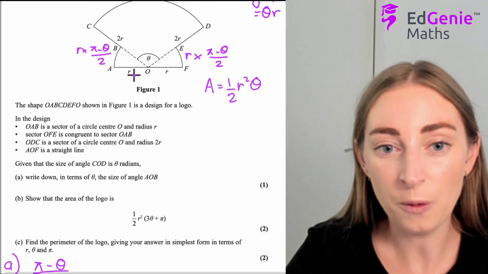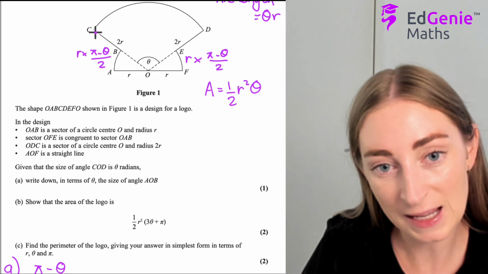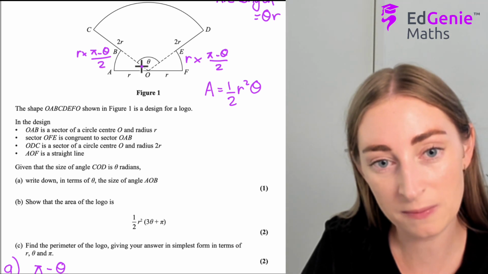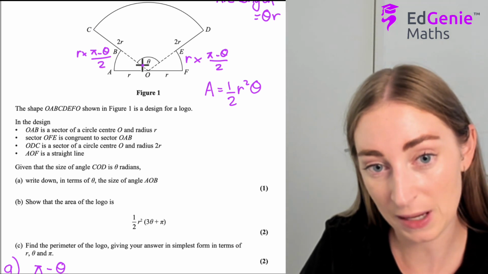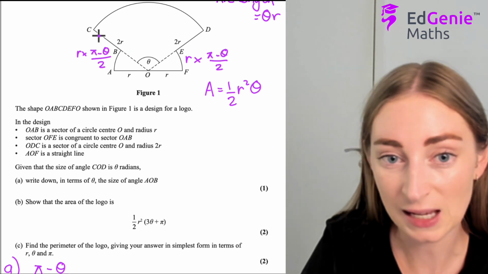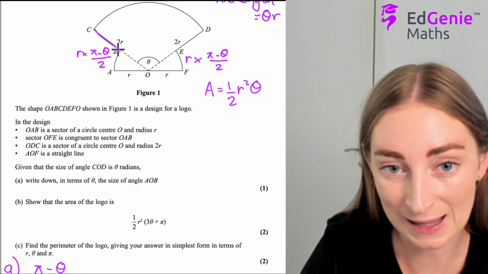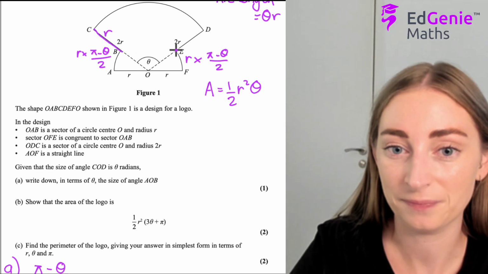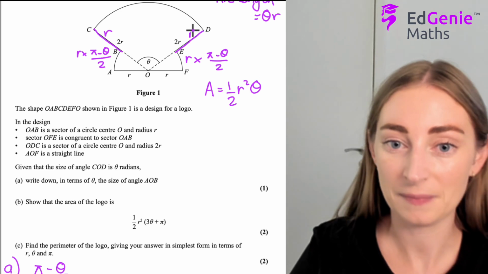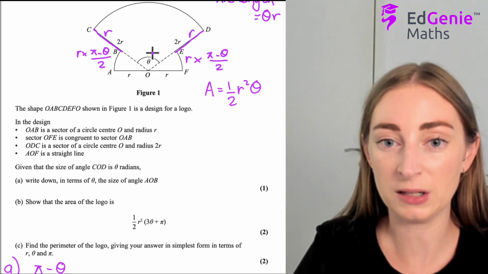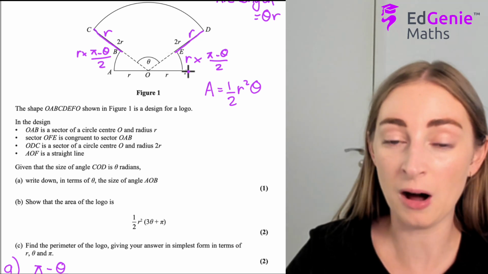Right, we also know that if this length here is 2r, this length here must be r, because that's also the radius. So just this part here is r. So we have 1, 2, 3, 4 r's.